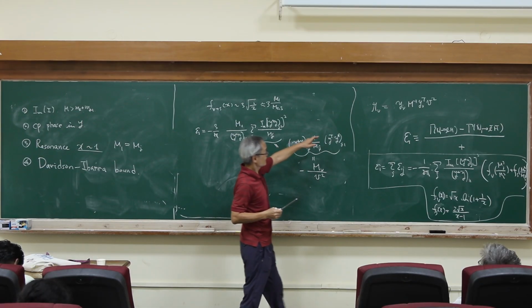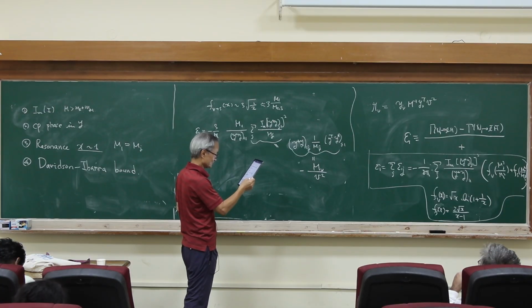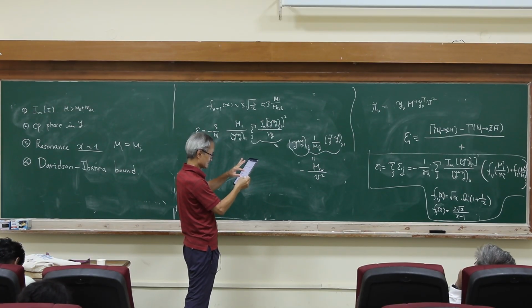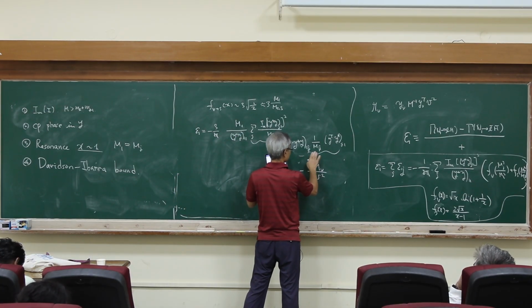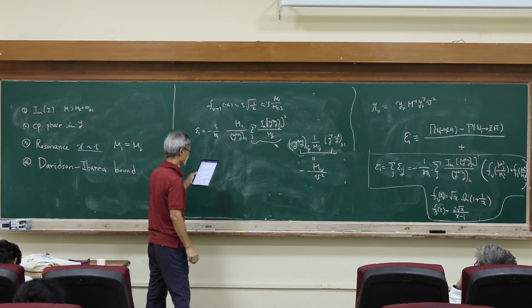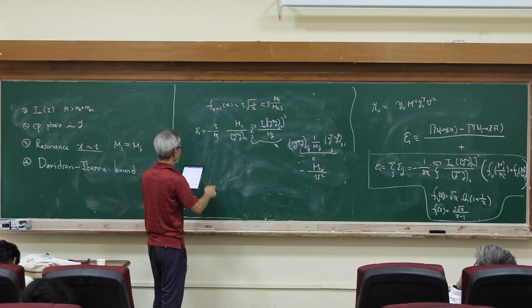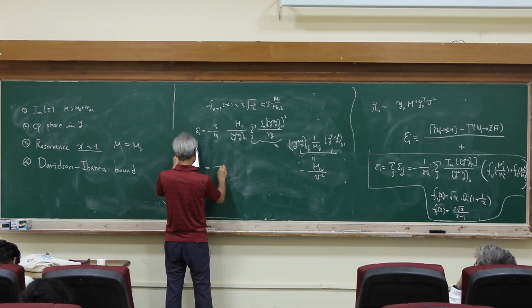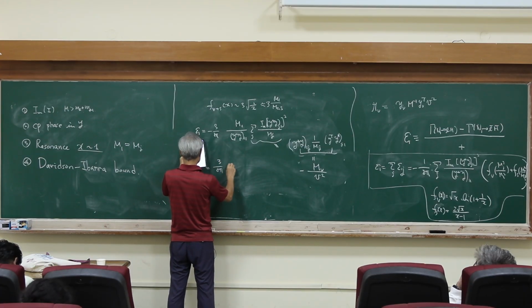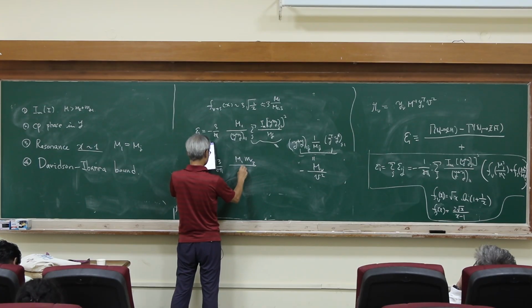So this is the seesaw formula, this part. And then the next step. Okay, this becomes rigorous.